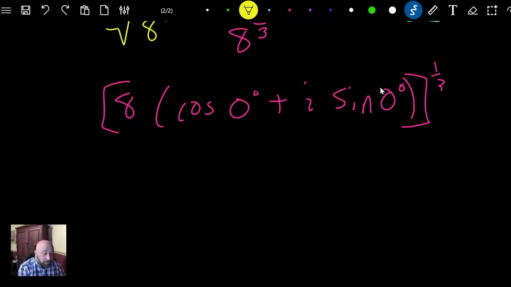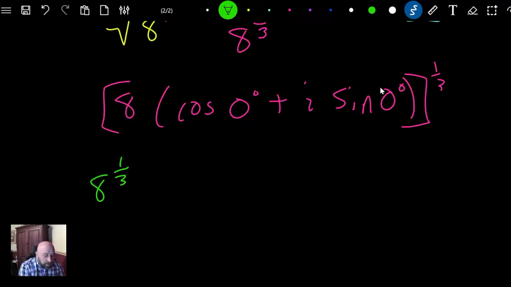So, again, kind of going back, now we're going to plug this into the theorem, de Moivre's theorem. And so let's just go ahead and do it. You can look on page 185, and I'm just going to go ahead and write it out. So we're going to apply this to this. So we're going to get 8 to the 1/3, okay?